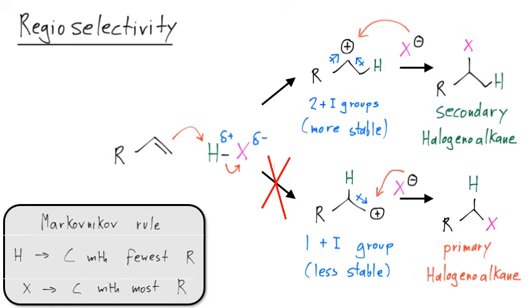The Markovnikov rule says exactly what we just witnessed, that the hydrogen or the proton adds to the carbon with the fewest R groups. So this is the end carbon here. On the other hand, the halide adds to the carbon with the most R groups. So it's the one over here. That is the Markovnikov rule.